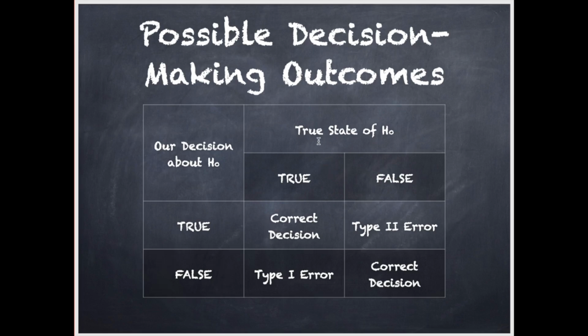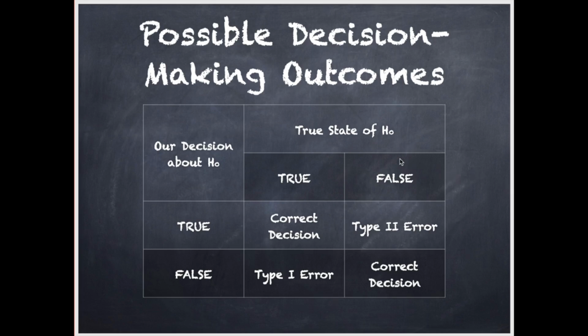Now, if the null hypothesis is true, and we fail to reject that null hypothesis, then we have come to the correct conclusion. If the null hypothesis is false, and we conclude that it's false, then again we have come to the right conclusion. On the other hand, if the null hypothesis is true, but we conclude that it's false, then we have committed a type 1 error.